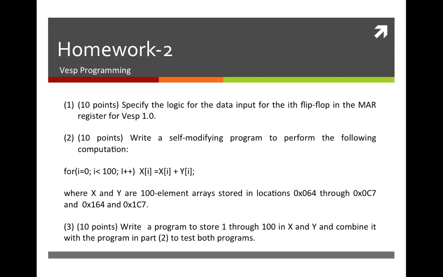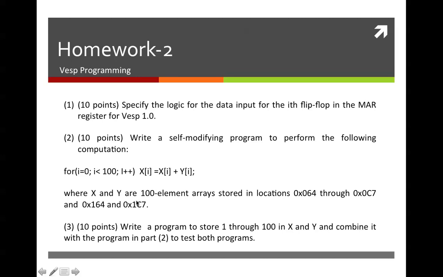Then in the second problem, I'm asking you to do this expression here using self-modifying code. I've written down where the locations are, where these arrays are supposed to be stored. And of course, the third part of the problem would be to actually write the code, try it out, and verify that it in fact works. In other words, you test your programs.